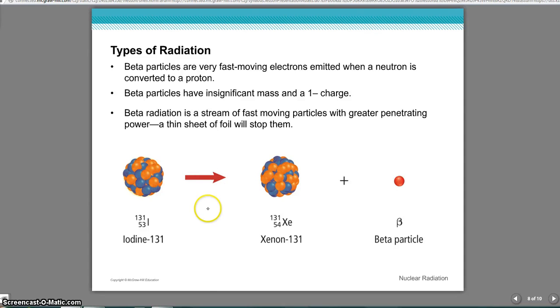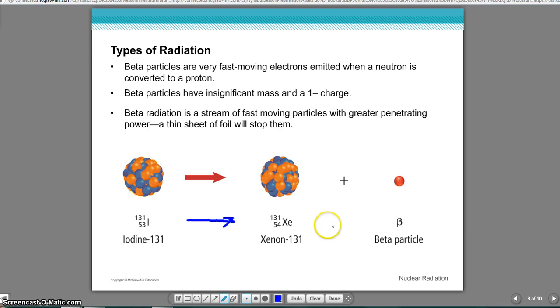Okay, so let's look at our balanced equation here. So we have iodine 131, and it is turning one of its neutrons into a proton. So the 131 part doesn't change, but the number of protons goes up. So the total is still 131. There's just one less neutron, one more proton. Now, this is the Greek letter beta.